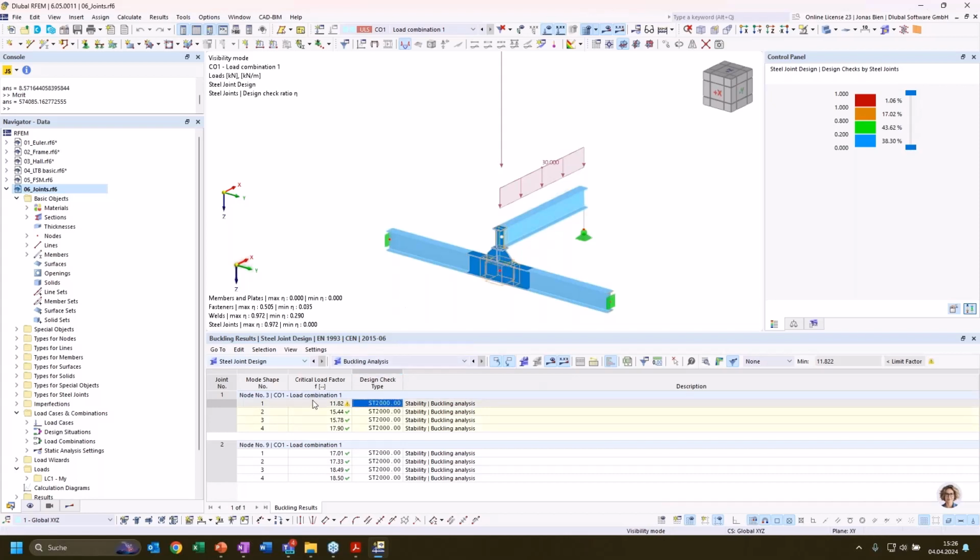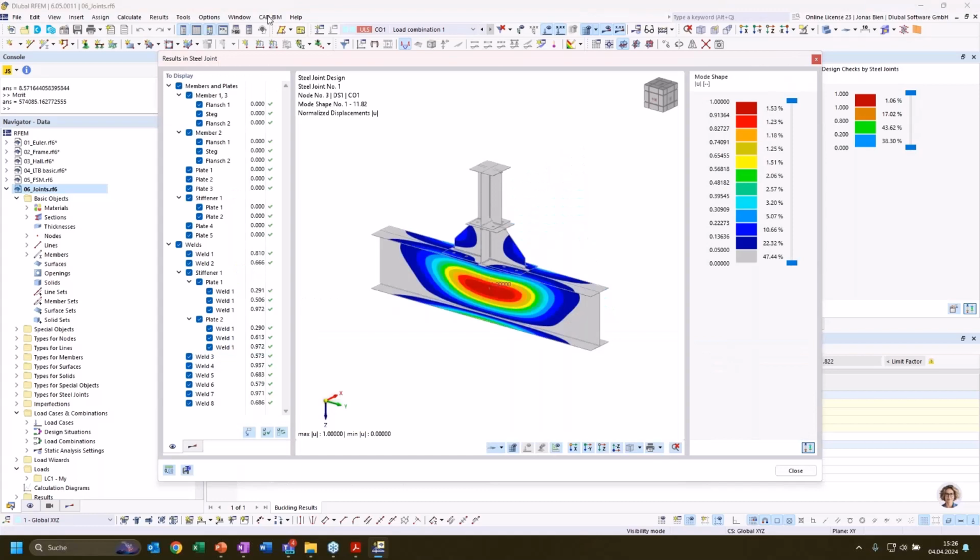In this table we again get the critical load factor for our 4 mode shapes that were calculated by default, and we can analyze the mode shape by clicking on one of those table entries and opening the steel joints deformation or results button.